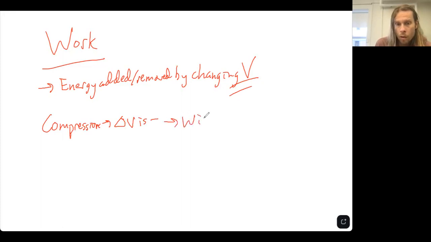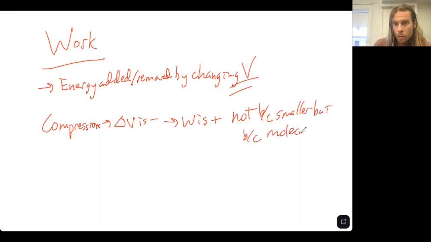And therefore work is positive, not because it's smaller, but because the molecules collided with a wall that was moving inward.